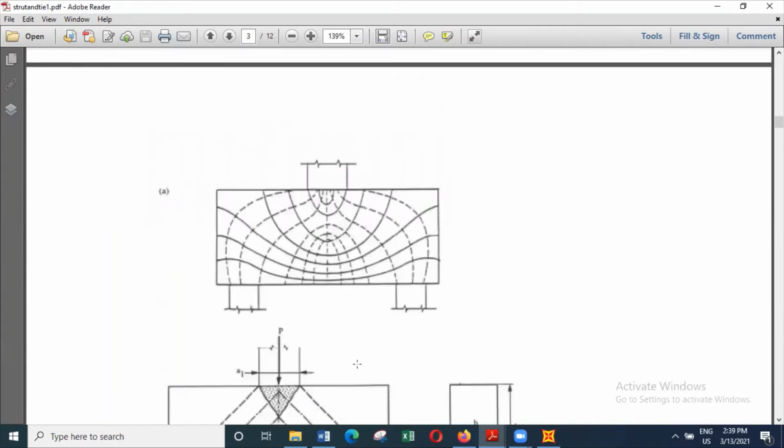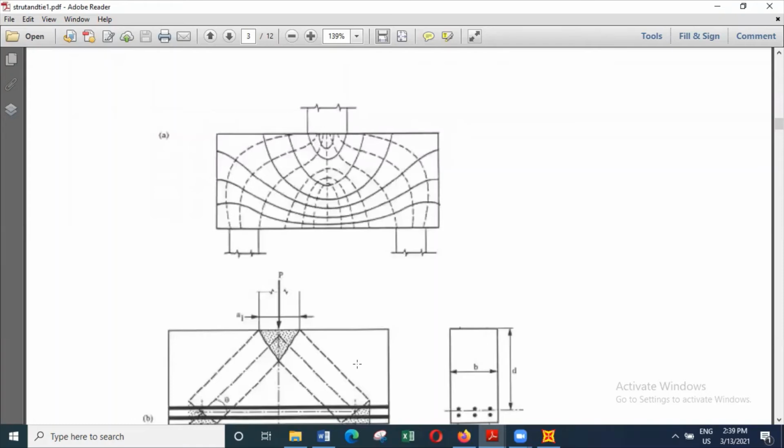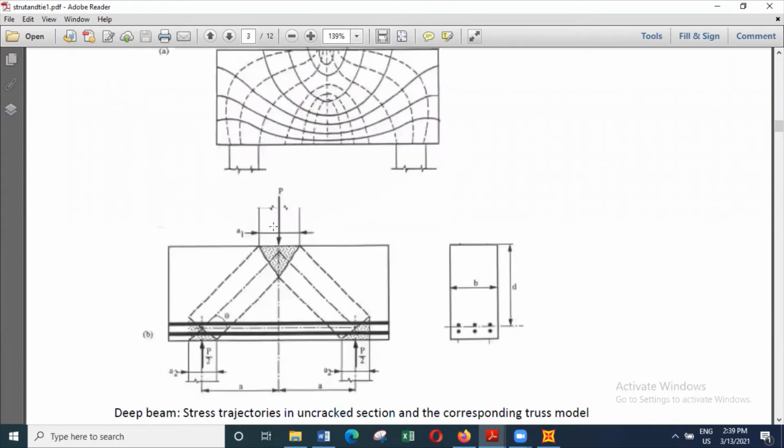And this diagram also indicates the compressive stress trajectories, this one, and also tensile stress trajectories in this way. So basically our equivalent model will be something like this, where the load here has a magnitude of P, and half of that force will be transferred along this strut.